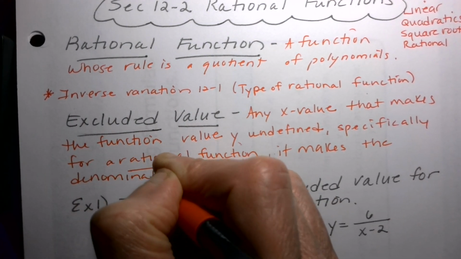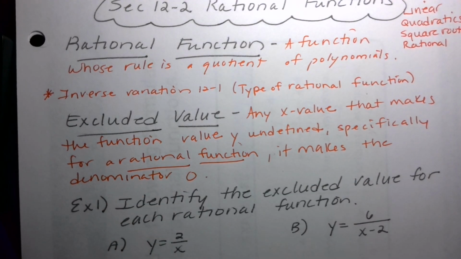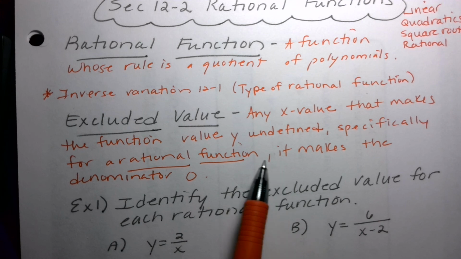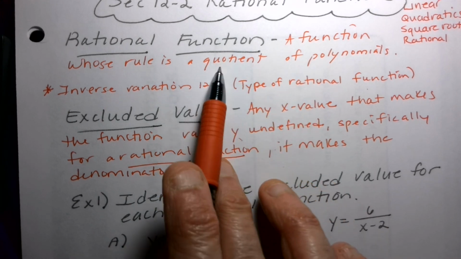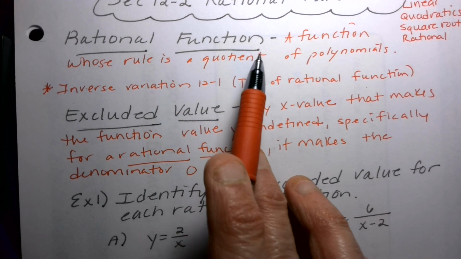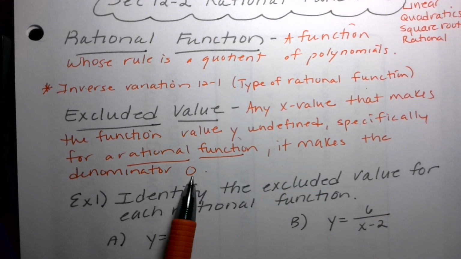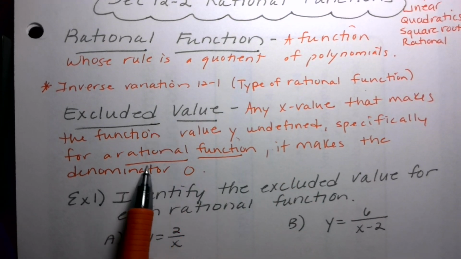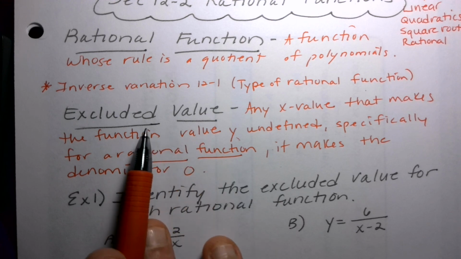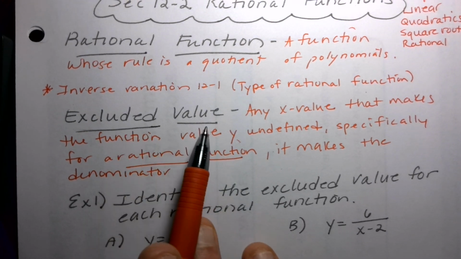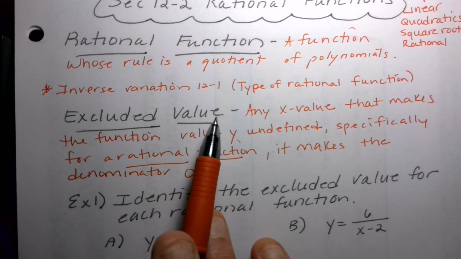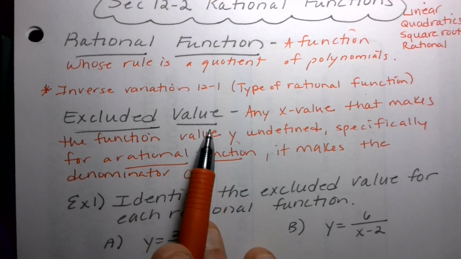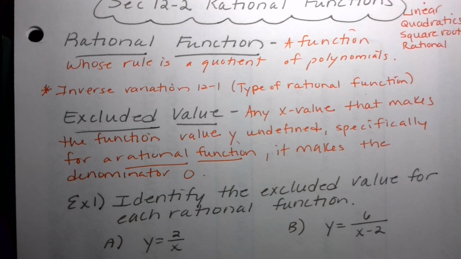Because what happens, class, when the denominator is 0? It's undefined. That's correct. We cannot divide by 0. So anytime we have a quotient of polynomials, a quotient is a fraction, and if we have a 0 in the denominator, that makes it undefined. So we would exclude from the domain any value that would make that bottom a 0.